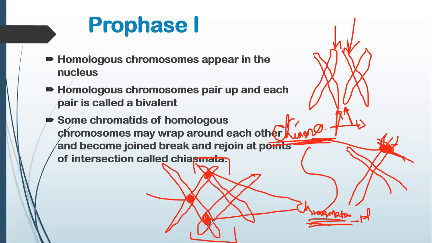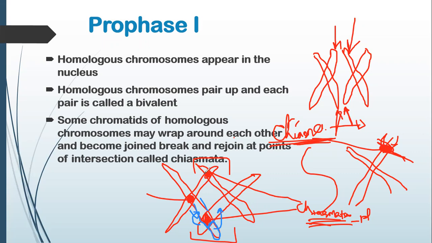The segments, this one is for this chromatid, and then this one is for this chromatid. Now this is going to break at this point, and this one also breaks at this point. When this breaks, it will join this chromatid. The same applies to this, it will also break and join this chromatid.